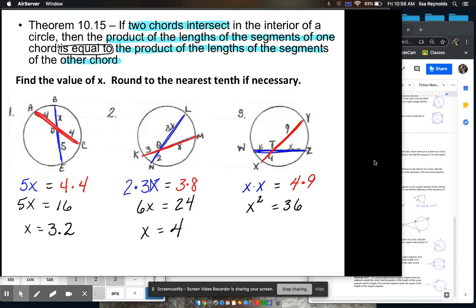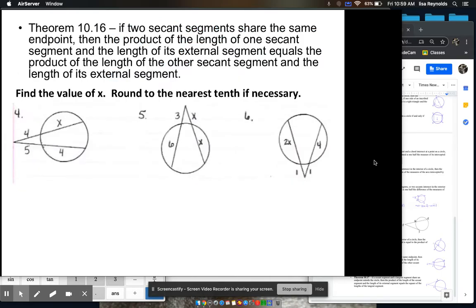To remove the square, we have to take the square root. And since we're dealing in measurement, we only need the positive square root of 36, which is 6. So two chords, we multiply the segment pieces and set them equal.